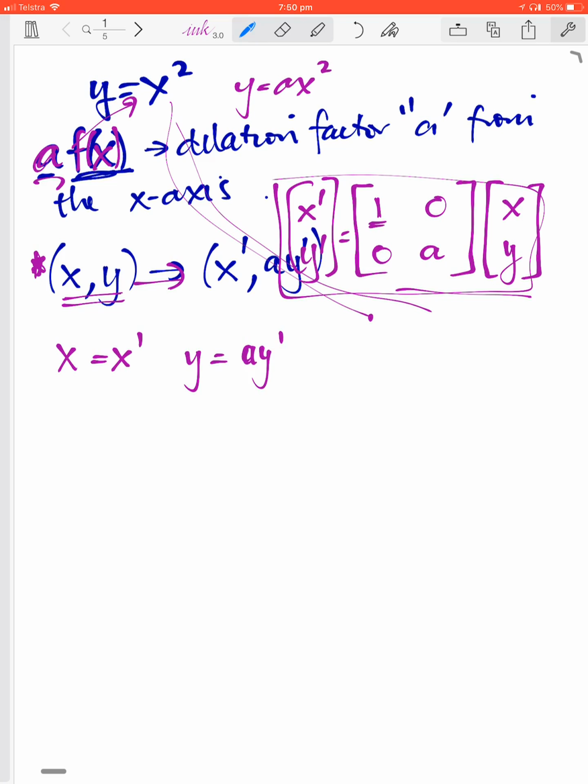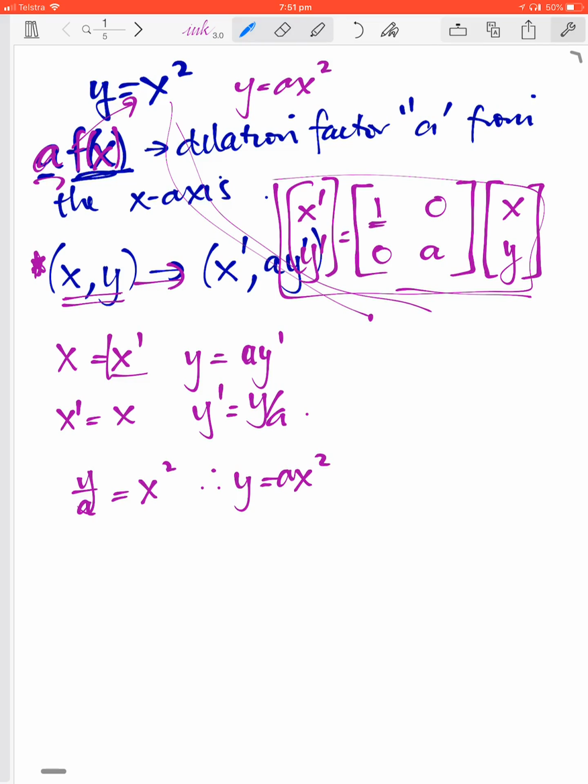When we transpose them, we get x dash is equal to x, y dash is equal to y on a, and then we sub them into the equation, so we get y on a equals x squared, therefore y equals a x squared. So it gives us exactly the same thing. We want to get our image points by themselves, so that's why we transpose it. And then we sub them in and we get our dilation factor a from the x-axis.